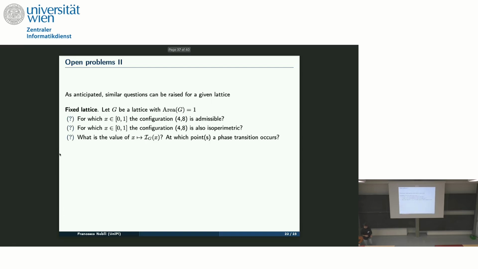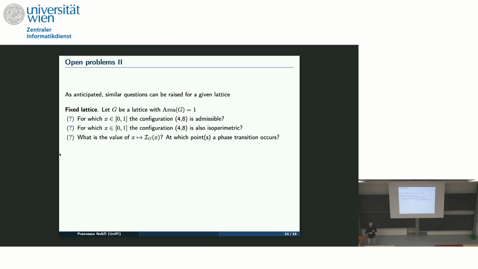Okay, and then a few quick problems. So as I said, in the fixed lattice case, we know a little. So we have, of course, implicit trigonometric relation. So a priori, we could get something numerically. But maybe the problem would be to take a lattice because you like it or you have some interest in it, and then trying to understand all the set of questions.